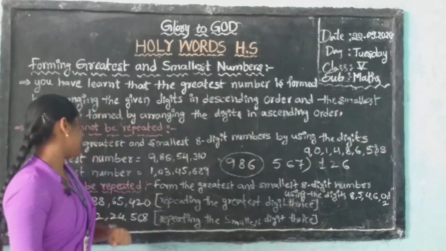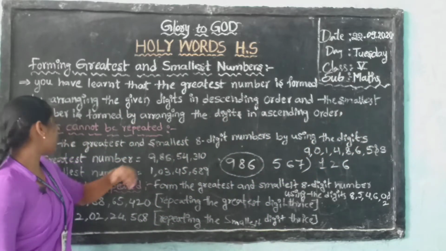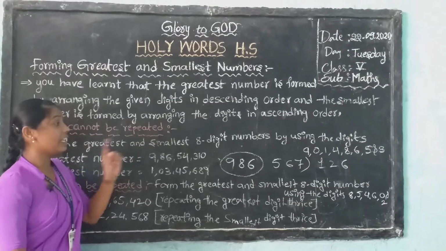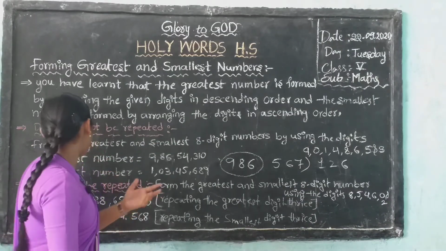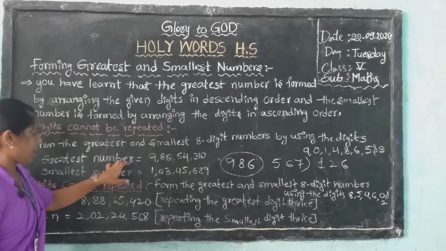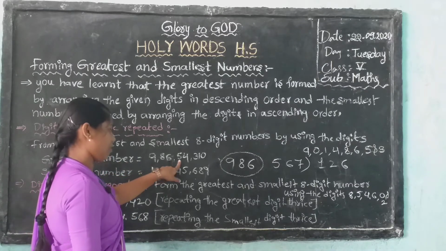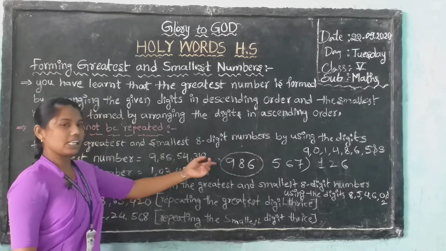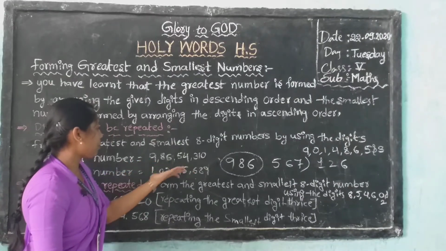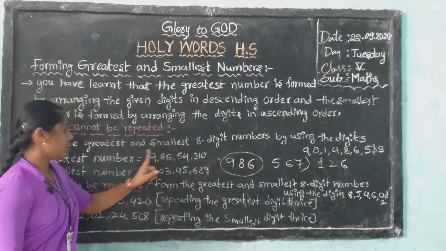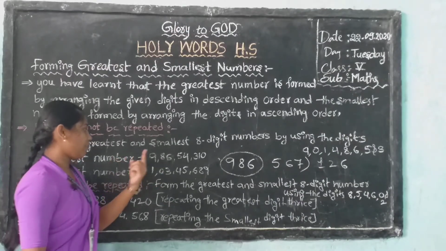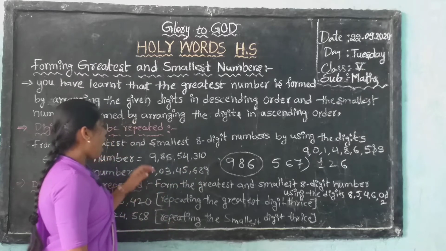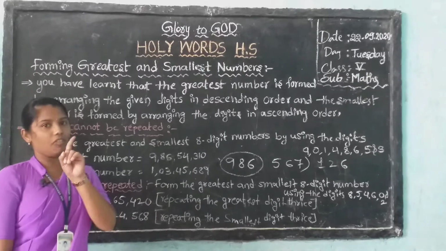Here digits cannot be repeated. So the greatest number is 9, 8, 6, 5, 4, 3, 1, 0. Each digit is taken only one time.